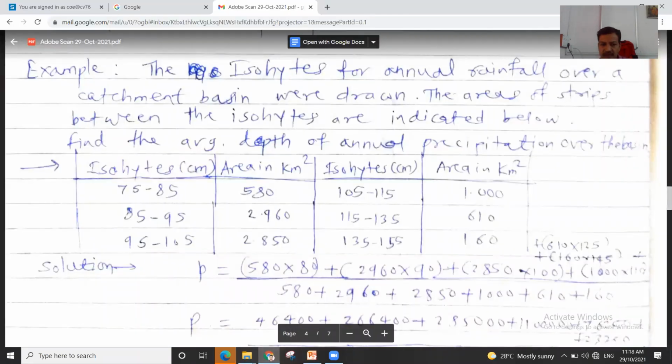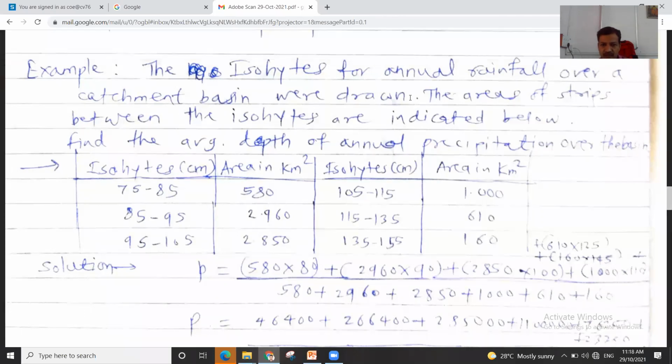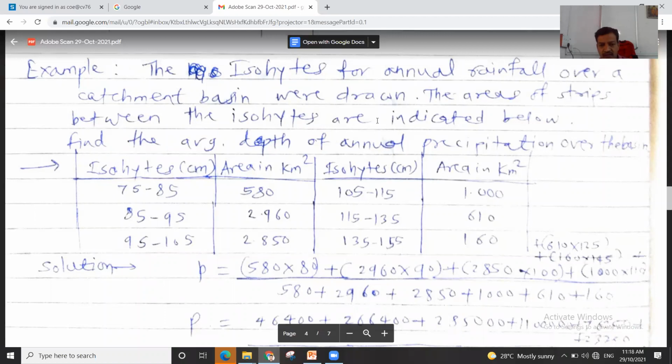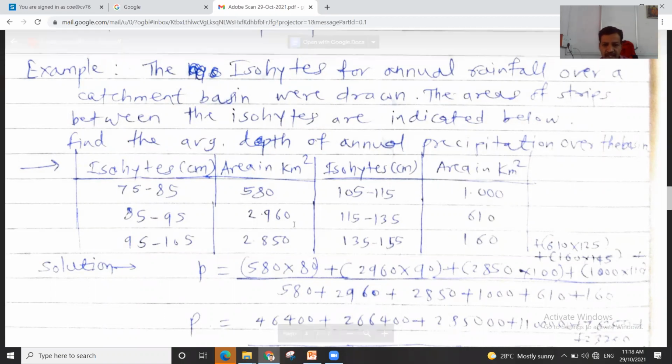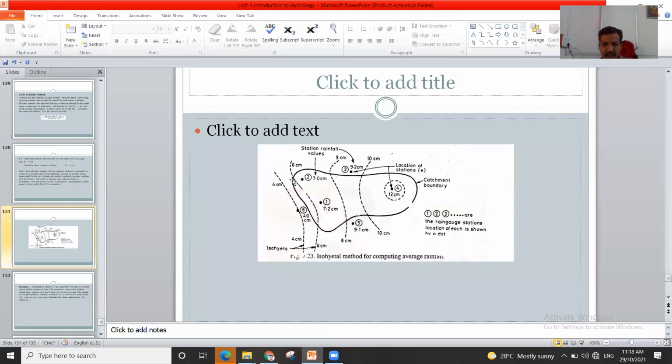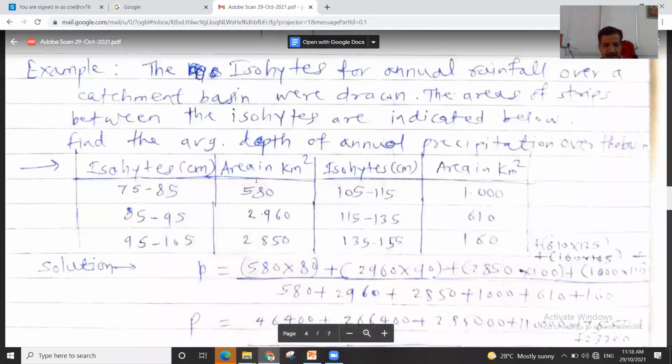Write this example. The isohyets for annual rainfall of a catchment basin were drawn. Annual rainfall त्या isohyetal map वर ते दिलेलं आहे. The areas of strips between the isohyets are indicated below. The area between these isohyets are given. म्हणजे या दोन isohyets मधली एरिया ते दिलेले आहे या टेबल मध्ये.